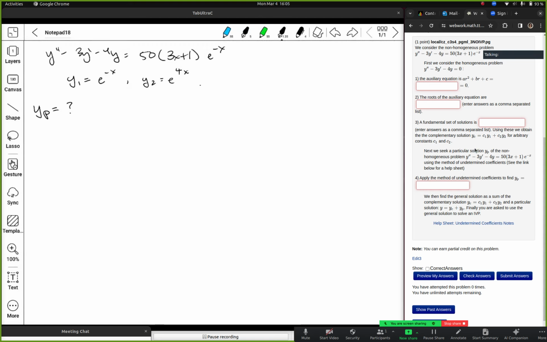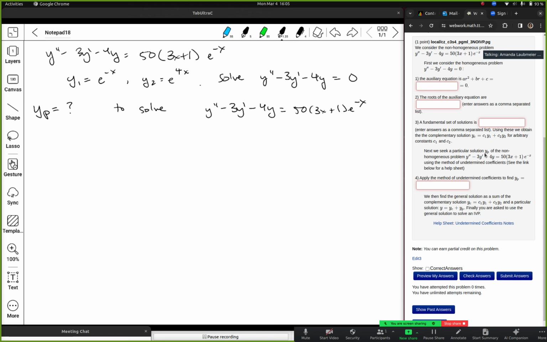So these two solve y double prime minus 3y prime minus 4y equal to 0. And we want to solve the problem y double prime minus 3y prime minus 4y equal to 50 times (3x plus 1) e to minus x, is what I was given.